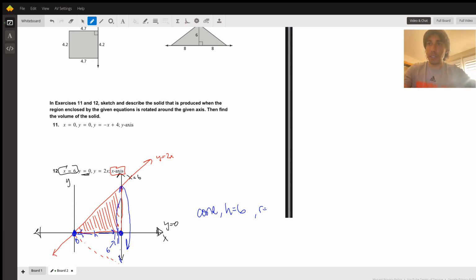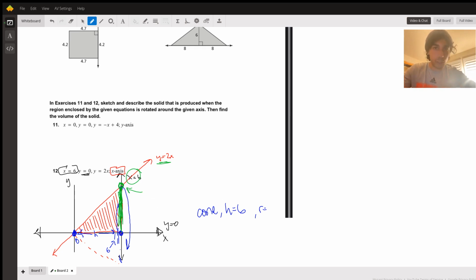And then for our radius, I'll do that in green. We're worried about this distance right here. That black line, x equals 6, is intersecting that red line, y equals 2x. So I want to figure out that intersection, what that height is, this point right here.